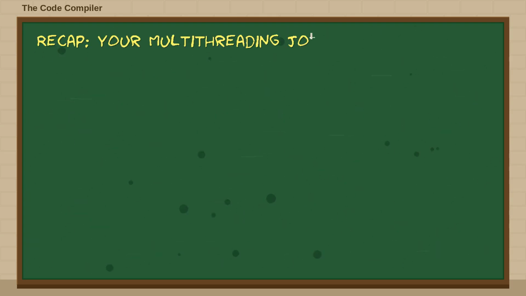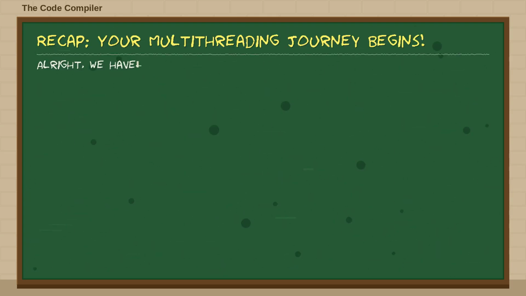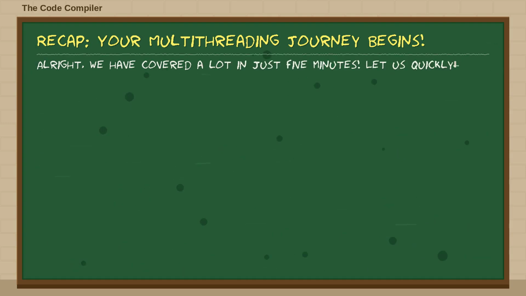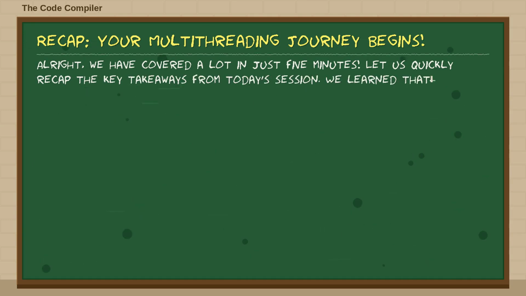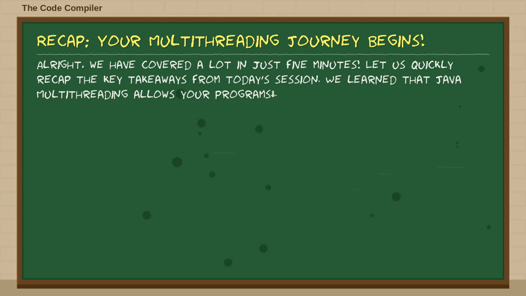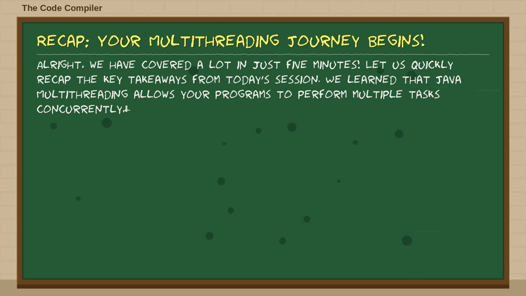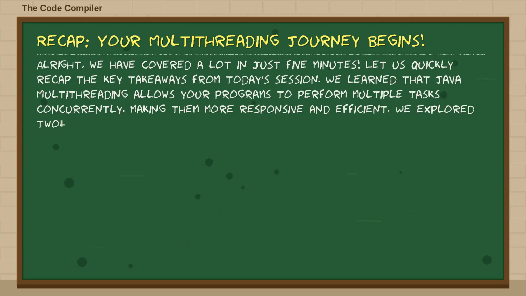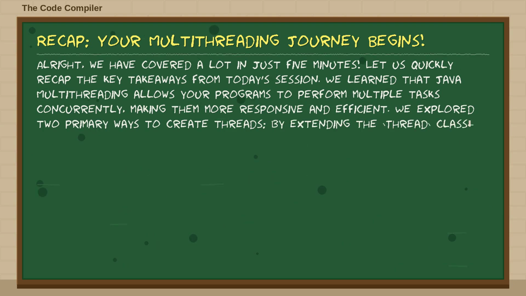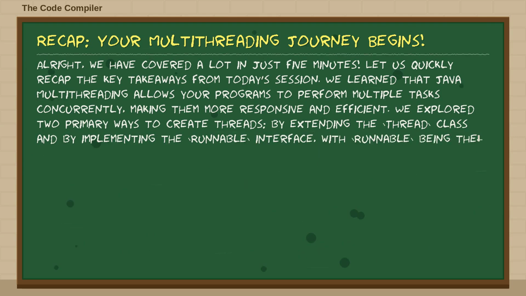Alright, we have covered a lot in just 5 minutes. Let us quickly recap the key takeaways from today's session. We learned that Java multithreading allows your programs to perform multiple tasks concurrently, making them more responsive and efficient. We explored two primary ways to create threads, by extending the Thread class and by implementing the Runnable interface, with Runnable being the preferred approach for better design.